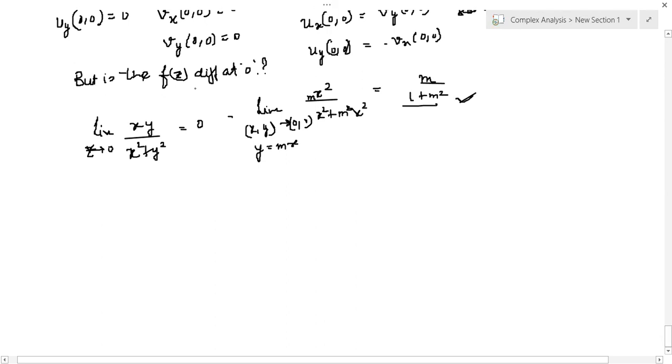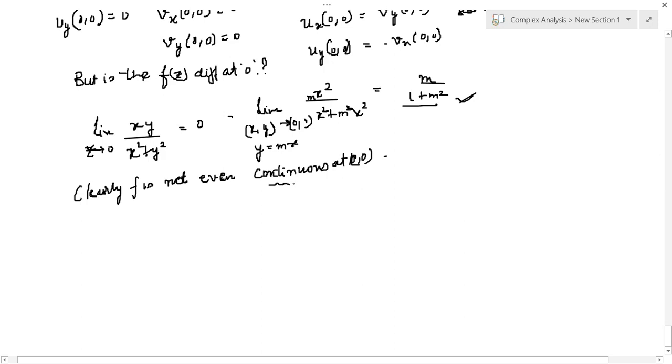Leave differentiability. If a function is discontinuous at a point, then it is non-differentiable at that point. So clearly the function is not even continuous at 0 comma 0.